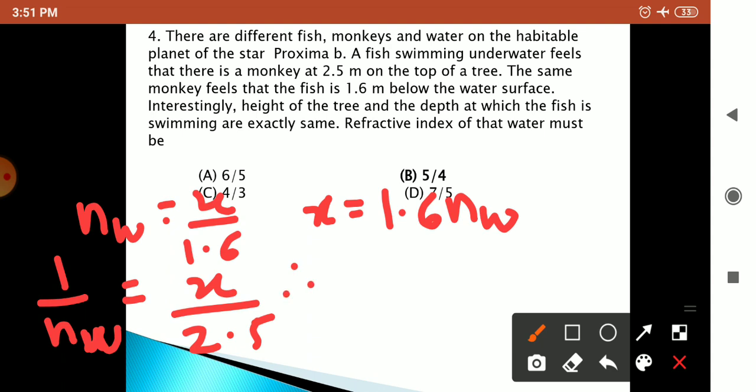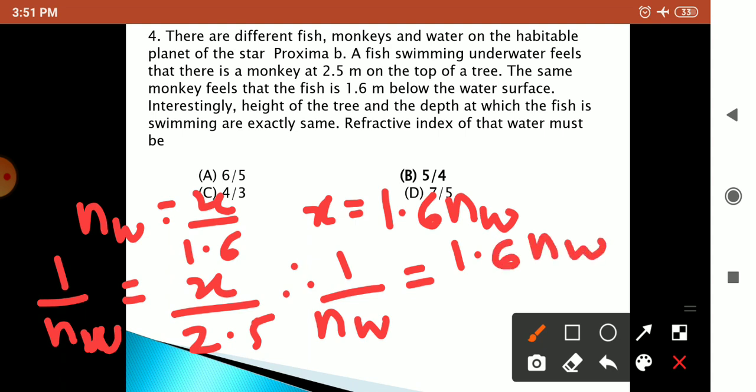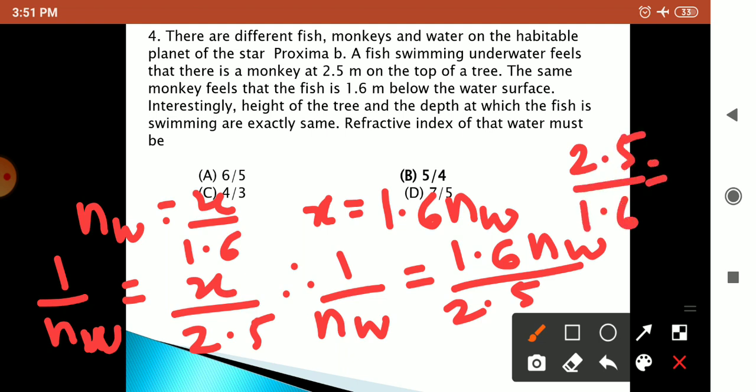Therefore in this equation, 1 upon NW is equal to, by putting this x value here, 1.6 NW upon 2.5. So NW will get squared, and 2.5 upon 1.6 is equal to NW square, that is the refractive index squared.